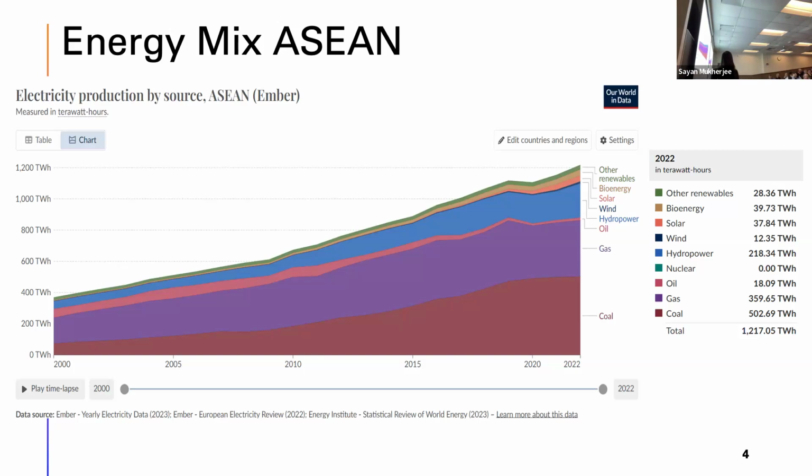And so for my project, I've been focusing on the coal-fired power plants within the region, just because they do produce a lot of the energy within the region, but as well, they are one of the highest producers of carbon dioxide within Southeast Asia as well.